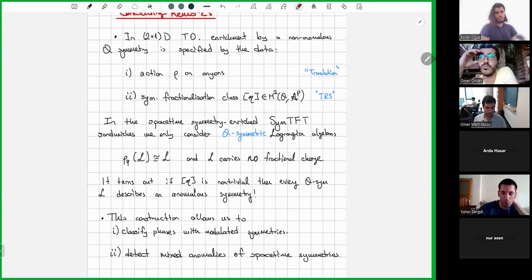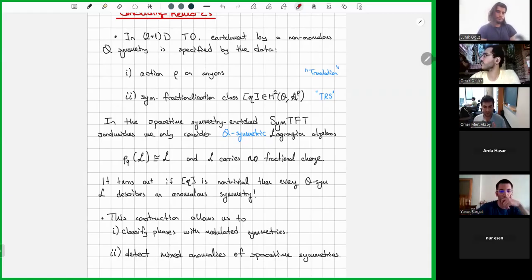If you try to relax this condition, either some boundaries are not invariant, or sometimes symmetry gets extended, so you don't get exactly the bulk enrichment that you were looking for when you started initially. So this is probably the most restrictive, but it gives you some reliable information about the gapped phases.